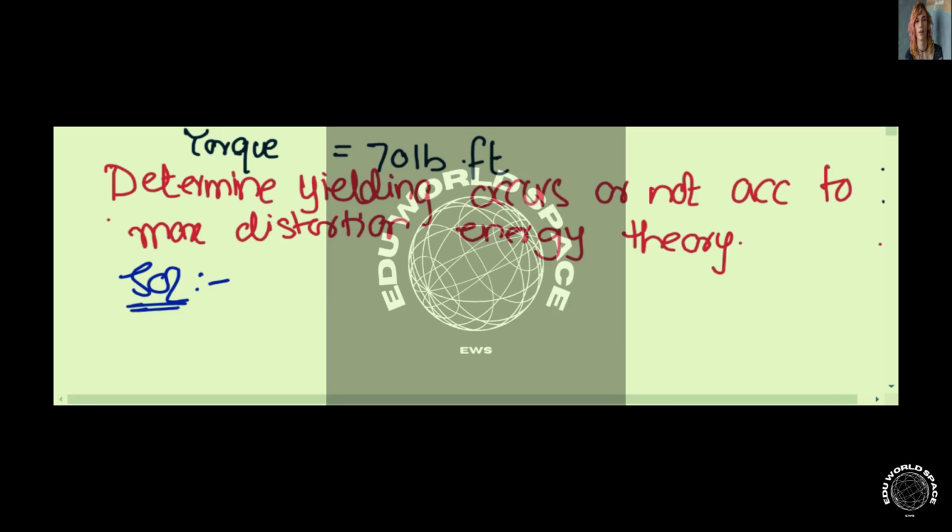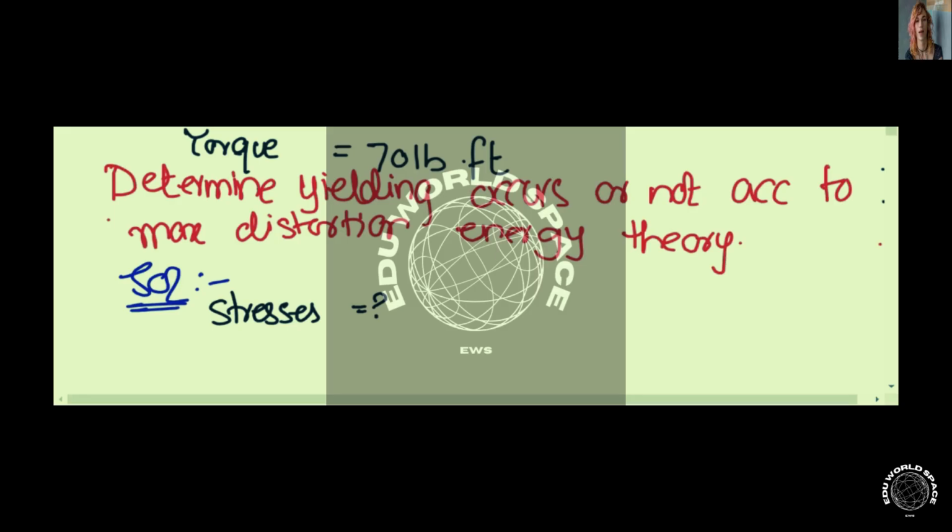Now, first of all, we are going to start the solution by finding the stresses caused by the internal pressure. To do so, we have to use chapter 8 theory.